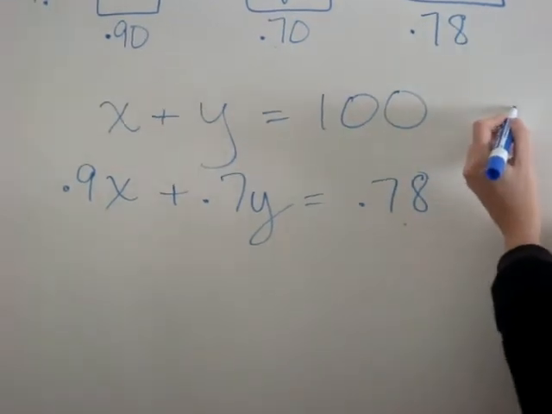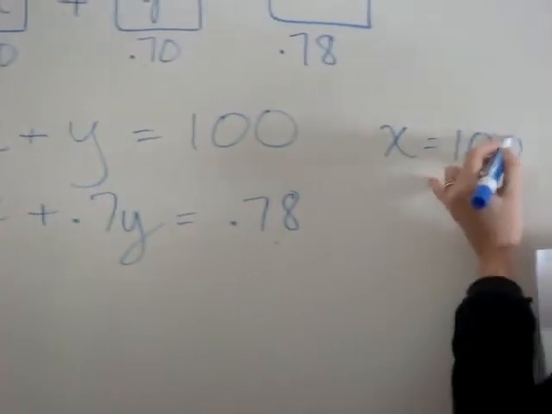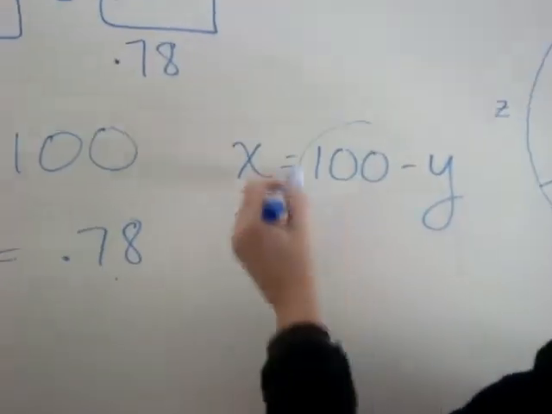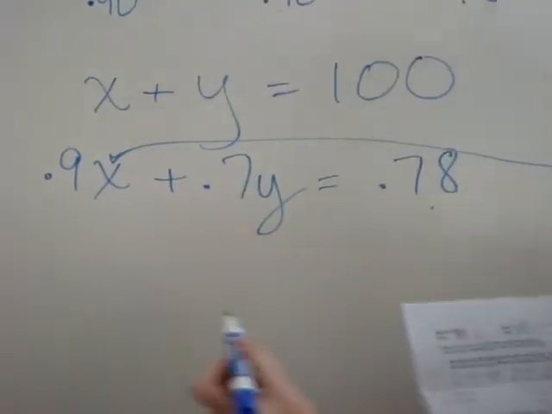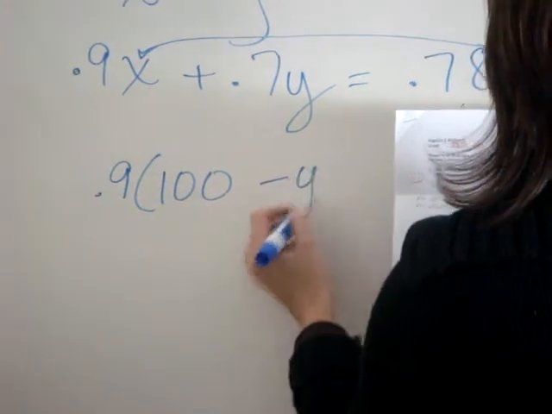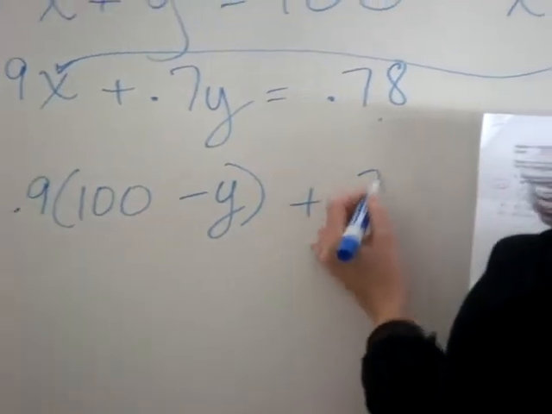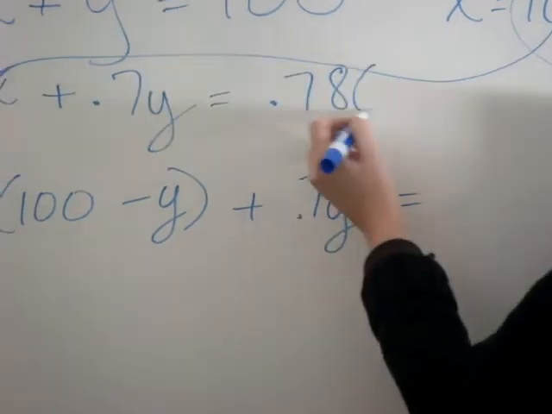Let's do x equals 100 minus y. And then we're going to take this and substitute it in for that. So we get 0.9 times (100 minus y) plus 0.7y equals, whoops, I forgot to take this times 100.